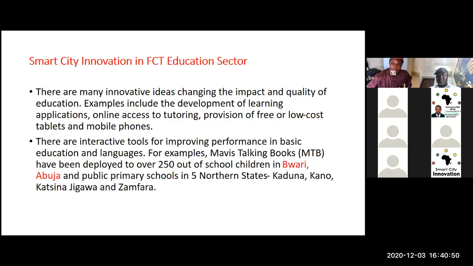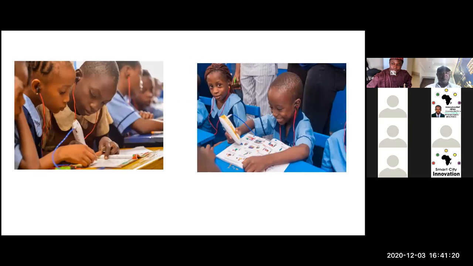They are interactive tools for improving performance in basic education and languages. For example, Mavis Talking Books, MTB, have been deployed to over 250 out-of-school children in Wuse, Abuja, and public primary schools in 5 northern states, which are Kano, Katsina, Jigawa, Kaduna, and Zamfara states.